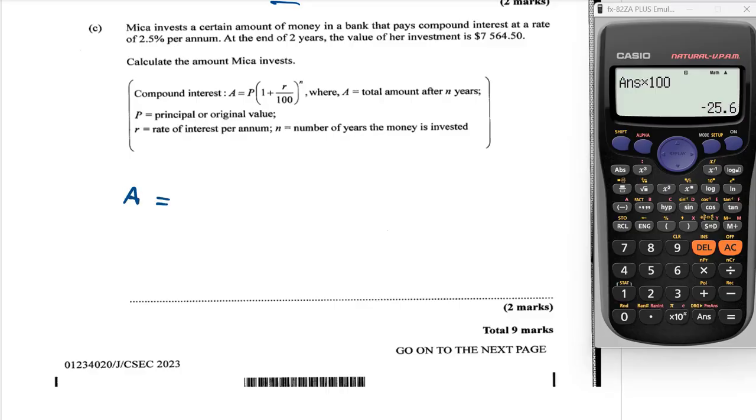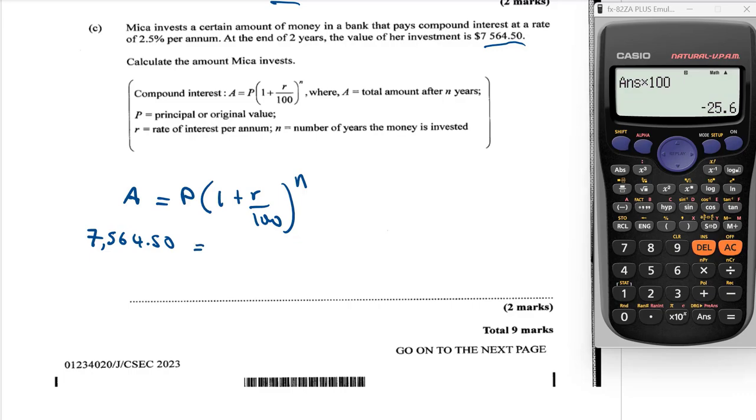It's A is equal to P times (1 plus R over 100) to the power N. Now A, that is the total amount of money after N years. So the question states to us that after 2 years, the value of our money is $7,564.50. So in this case, A is $7,564.50.